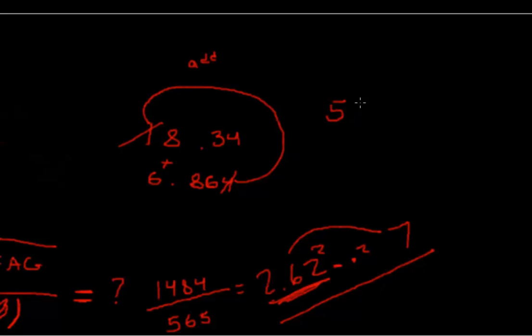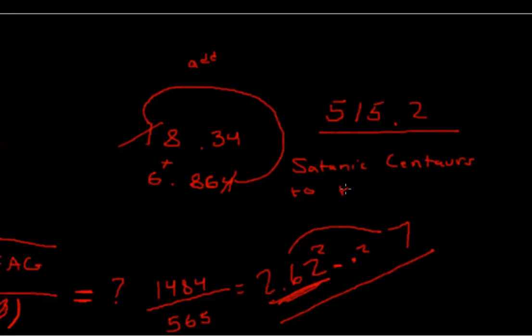And you get 15.2. Now, what this does is it estimates how many satanic centaurs you would need to sacrifice to kill Jesus. This is a very popular equation to determine the amount of power you would need.